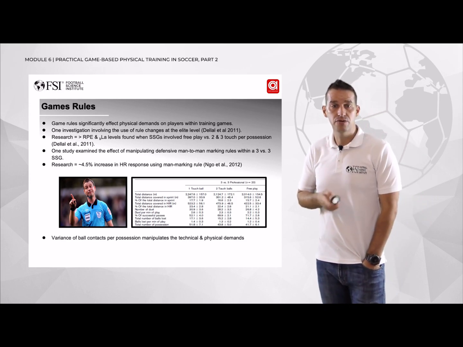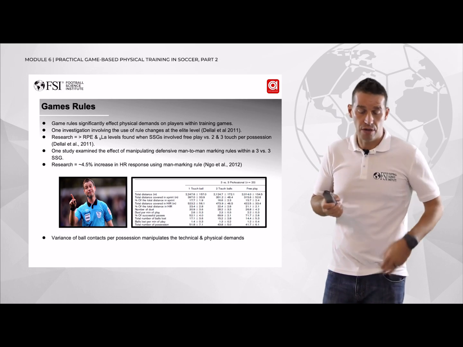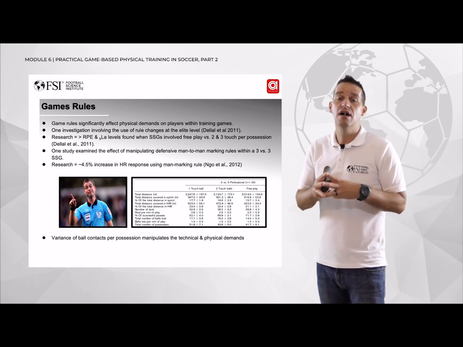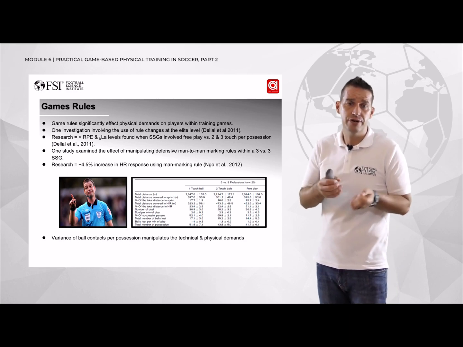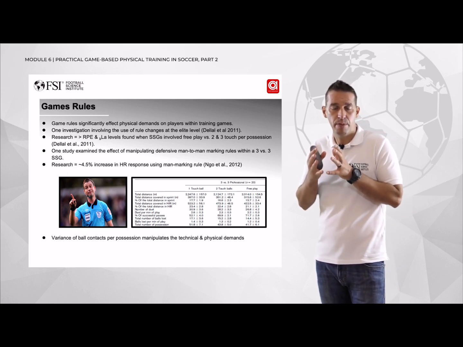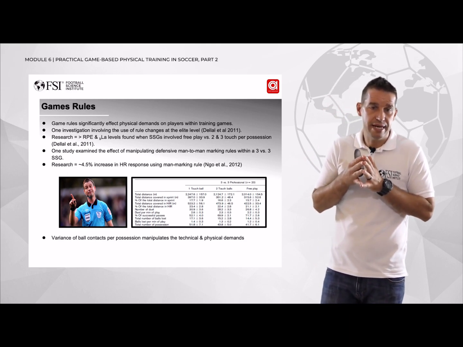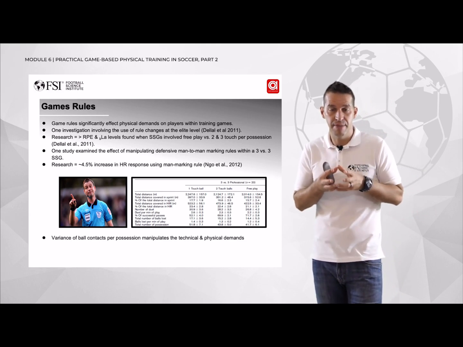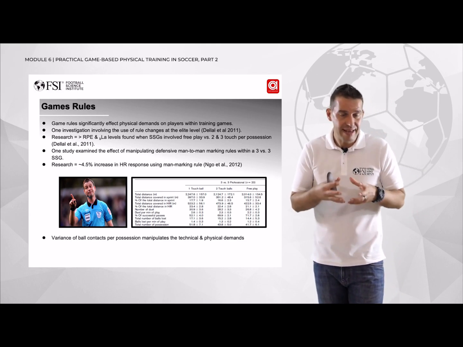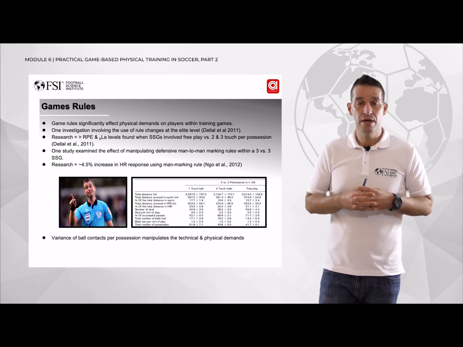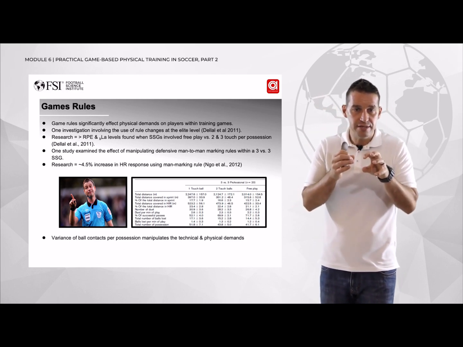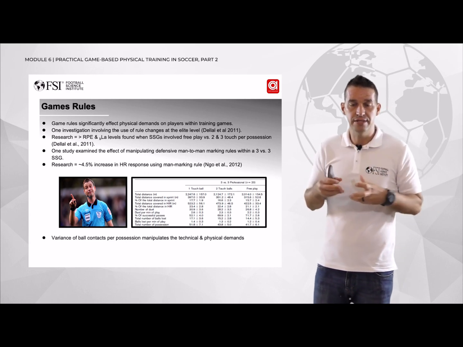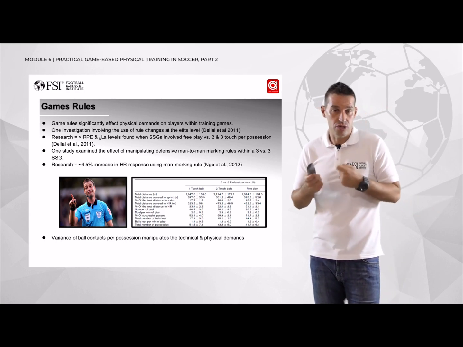Another study used man-to-man marking, versus just general free play. And again, the research shows an increase, approximately 4.5-5%, in heart rate response using man-to-man rules. So again, this happens within certain areas of the game. So in larger sided games, are you able to use units as man-to-man marking where everybody else is general or zonal?